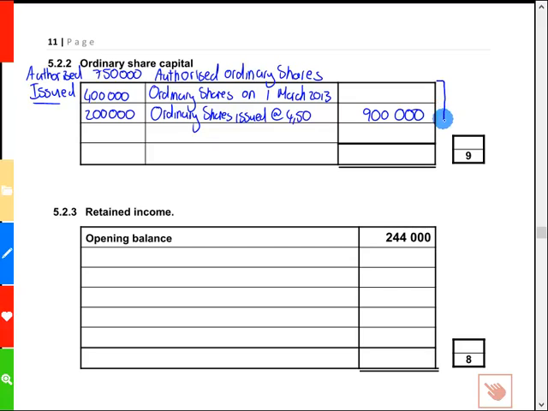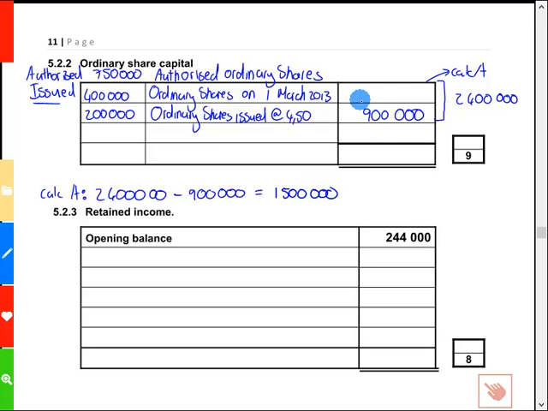Now we also know that these two together give me 2.4 million. So we can simply put a star calculation here, calculation A: 2.4 million minus the 900,000, and that's going to give me 1.5 million. Perfect.